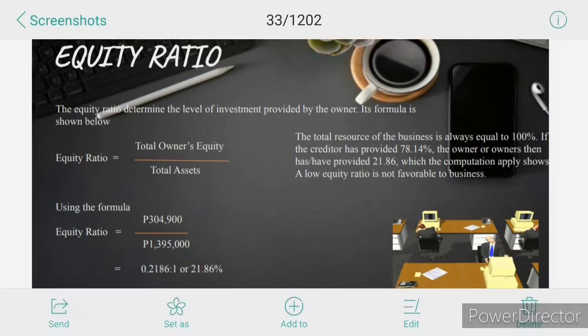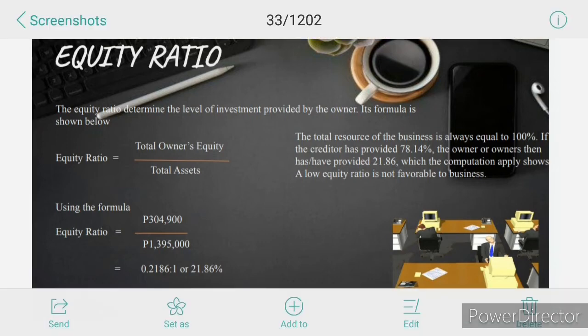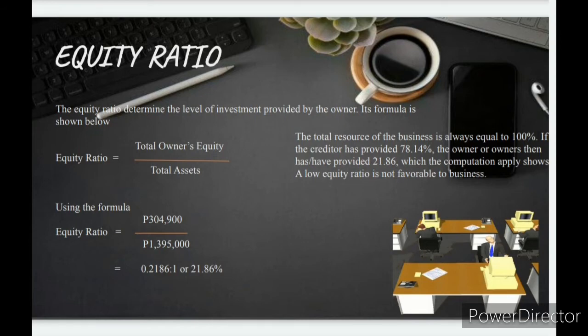Equity ratio uses a company's total assets and total equity to help indicate how leveraged the company is, how effectively they fund asset requirements without using debt. Again, the equity ratio determines the level of investment provided by the owner. And the formula is very simple. You just compute the total equity divided by the total assets.